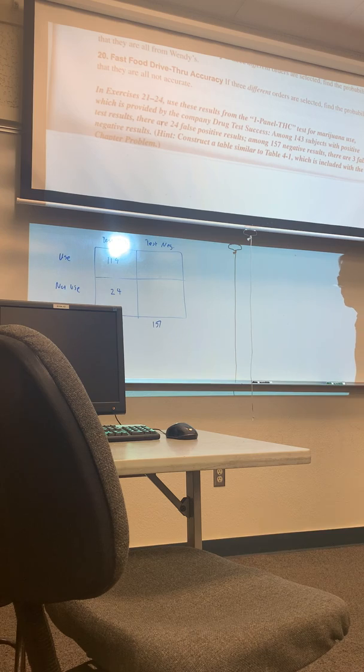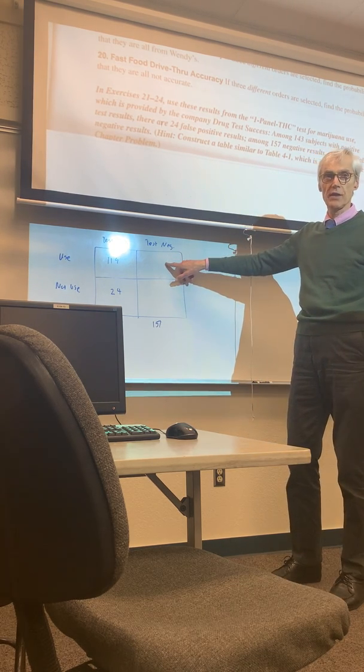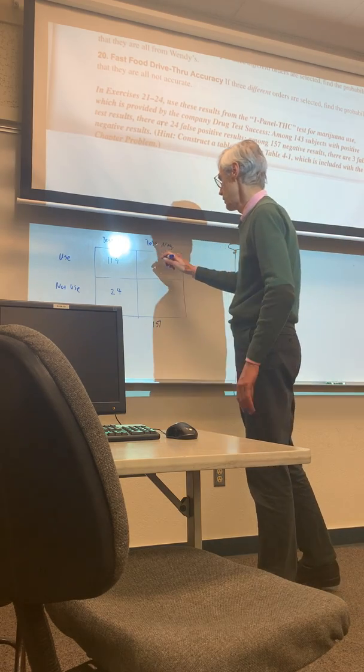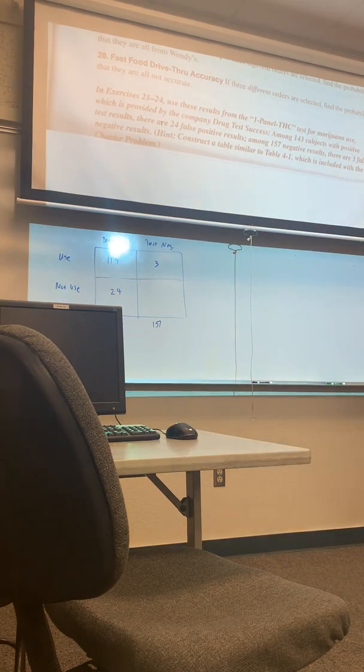3 false negatives. So false negatives means use and test negative. 3 up here. A false positive is not use and positive. A false negative is use and test negative. Where the test gets it wrong, basically.